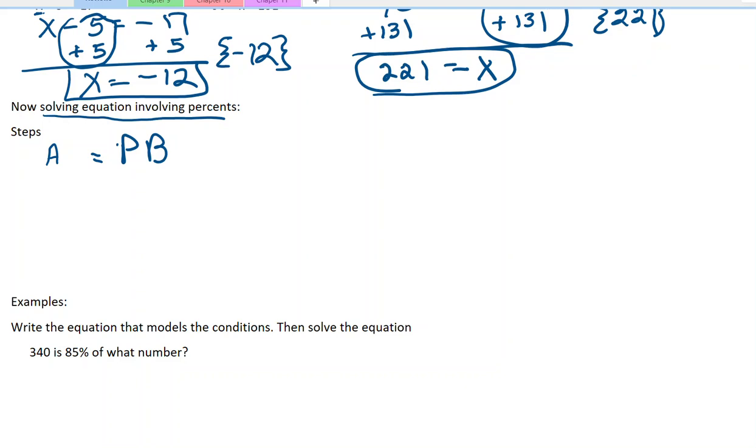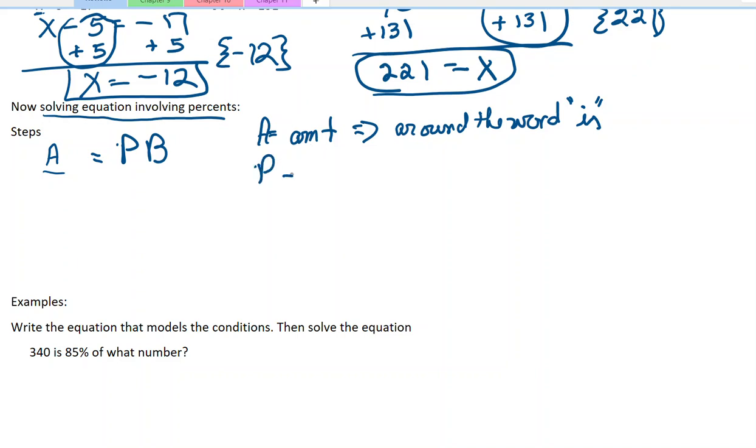All right, so A stands for amount. And the amount is always around the word it. P stands for percent, and we're going to change it to a decimal.